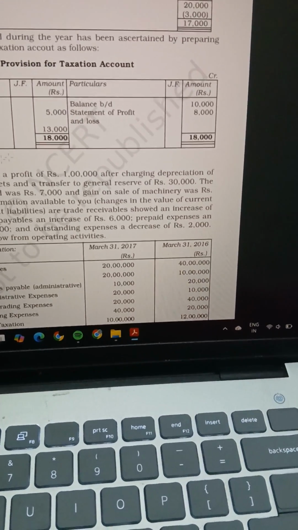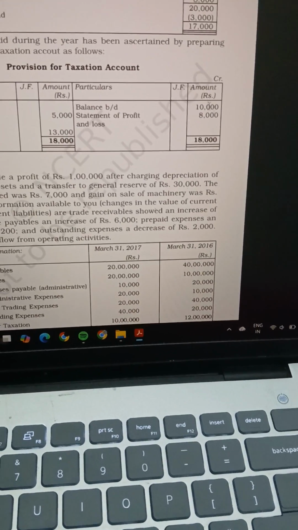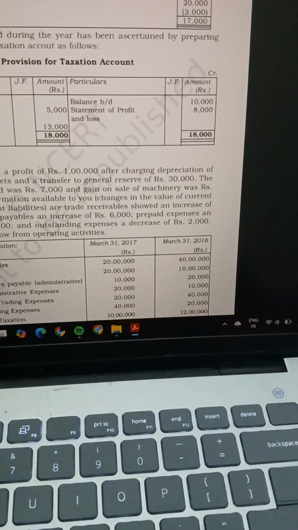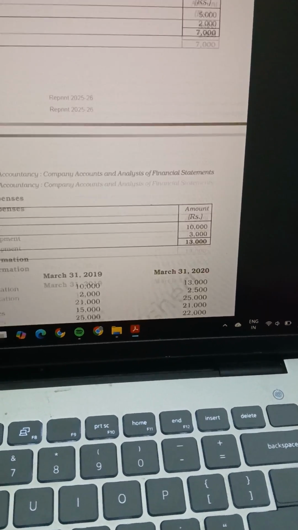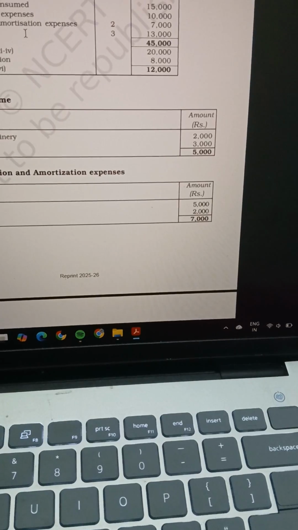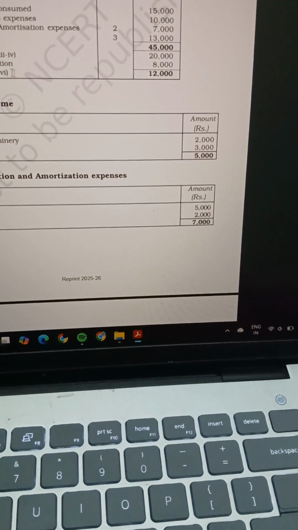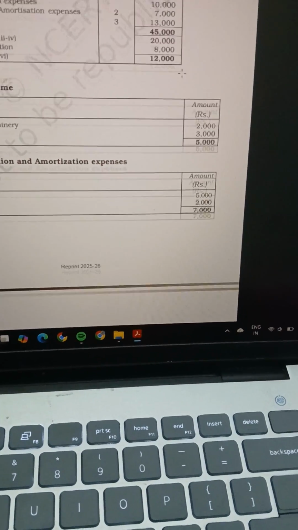Then the closing balance is 13,000. Then there is the statement of profit and loss. The amount of taxation is given in the statement of profit and loss. I will show that. The provision for taxation is 8,000.